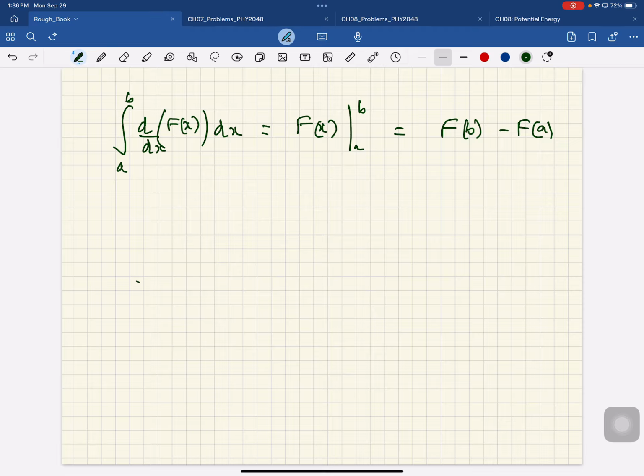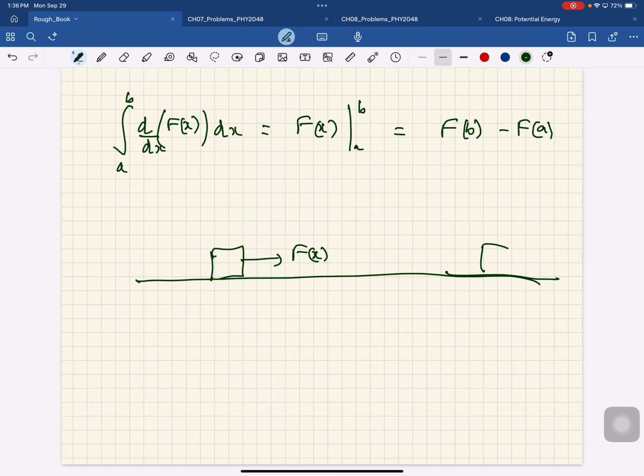You guys remember we said if an object is moving along a straight line and if this force is, now don't confuse the notation, if this force is a function of x, the work done by this force is given by this integral.